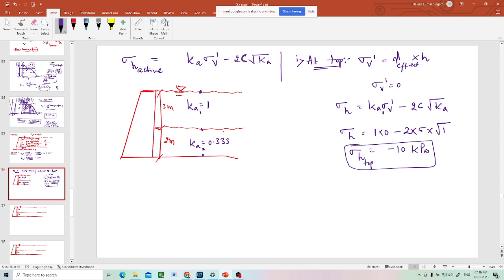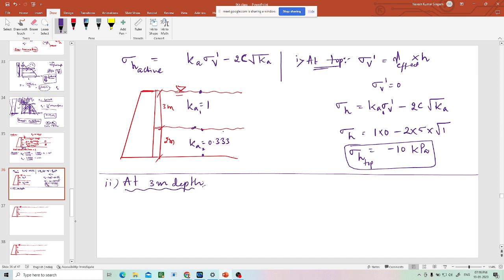That is done. Now what is the next step? Next is at 3 meter depth, which means at this point. At this point, what are sigma v dash and sigma h? First, let us calculate sigma v dash there.